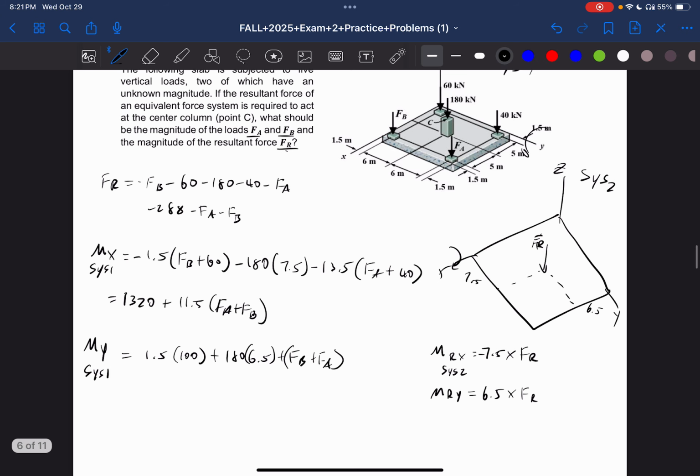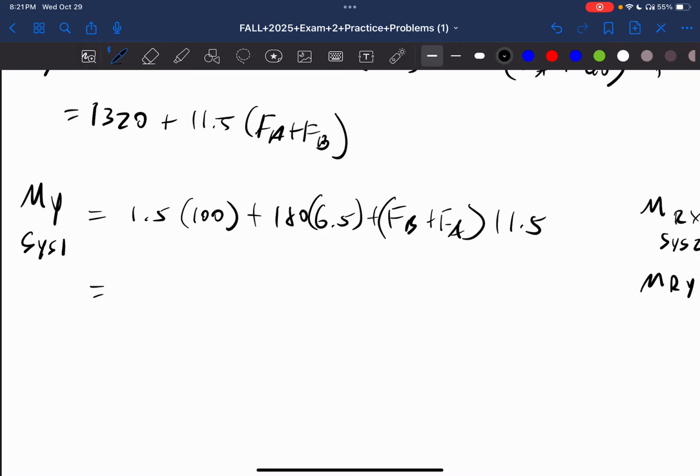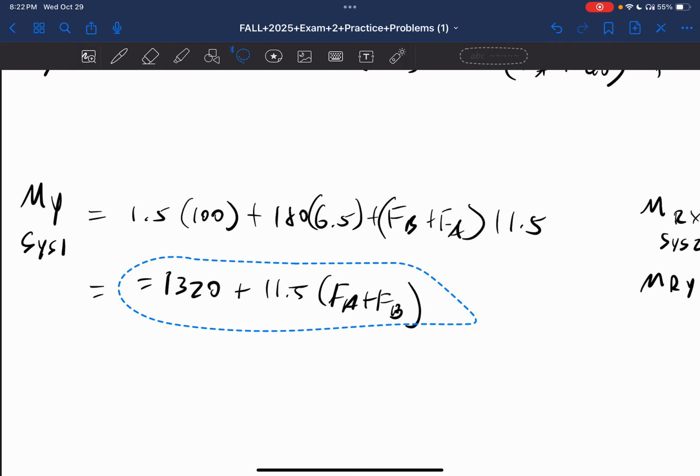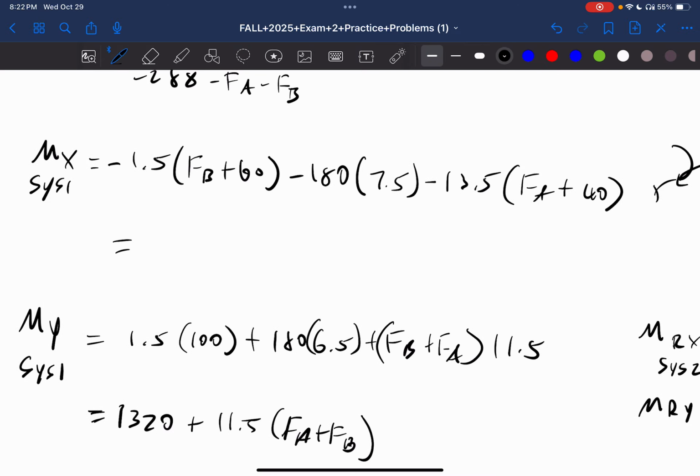They're both multiplied by the same moment arm of 1.5 plus 10, so 11.5. Oh wait, what did I just do? Okay, this is not right. This is going here, actually. This is actually equal to negative 1980 minus 113.5 FA minus 1.5 FB.